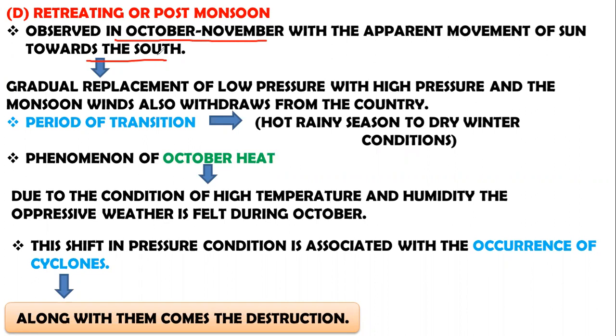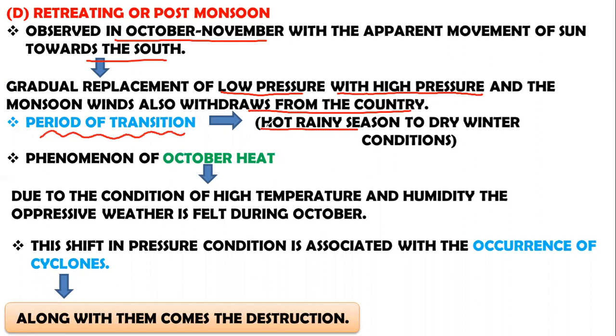The low pressure that was present in the interior of India has shifted, and the low pressure area has been replaced with high pressure, and the winds are withdrawing from the country. This period is known as the period of transition.